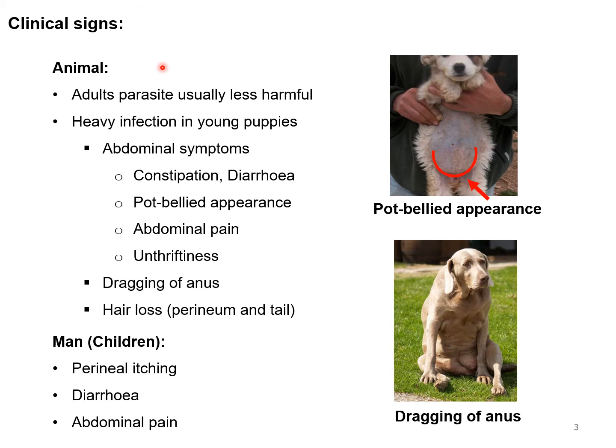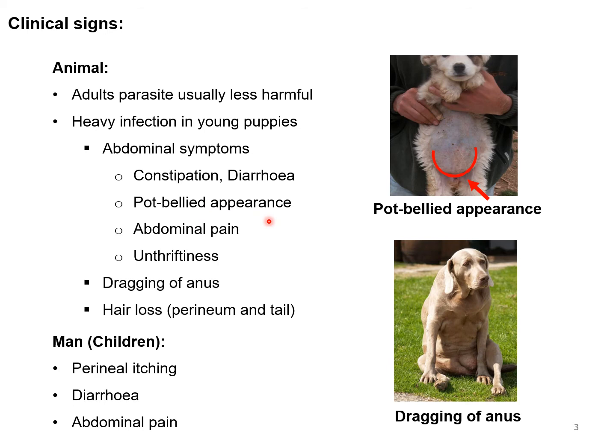But in case of heavy infection in young animals, that is in puppies, some non-specific abdominal symptoms can be found. They are constipation, diarrhea, pot-bellied appearance. So what is pot-bellied appearance? Due to the huge load of parasites in the intestine of the final host, the entire abdomen gets protruded. So that is called pot-bellied appearance.